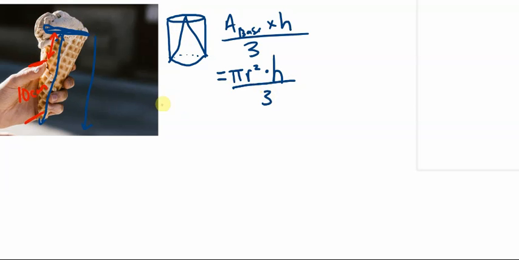So I'm going to estimate that the height is equal to 15 centimeters. And roughly, let's just make it really easy, 10 centimeters across. That's going to be our diameter, 10 centimeters. Just a rough estimate. Which means the radius should be equal to 5.